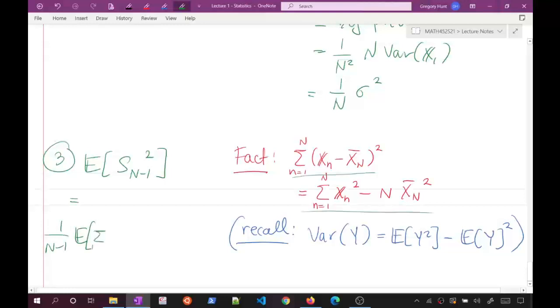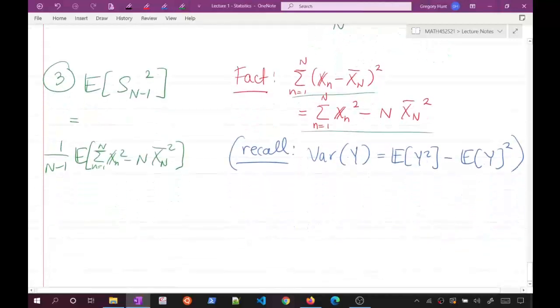Right, I'm allowed to rewrite that if you believe my fact. And then I'm allowed to distribute. So I still have my 1 over n minus 1 outside. I can do a couple of moves.